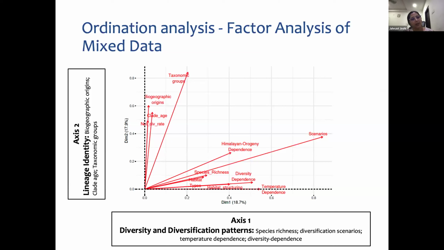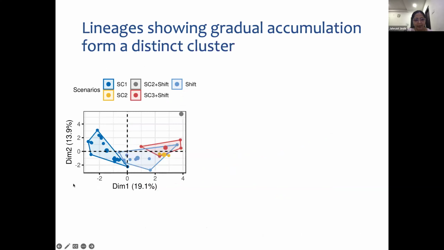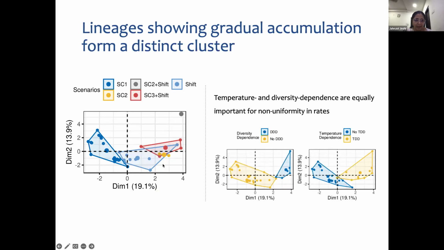We further looked at these lineages in an ordination framework to see what the drivers of lineage diversification are. On the x-axis here are the loadings of both diversity and diversification patterns, and on the y-axis is predominantly the characteristics of lineage identity. Just to simplify this graph further, you can see that the constant diversification scenario forms one cluster which is significantly different from temperature or density dependent.